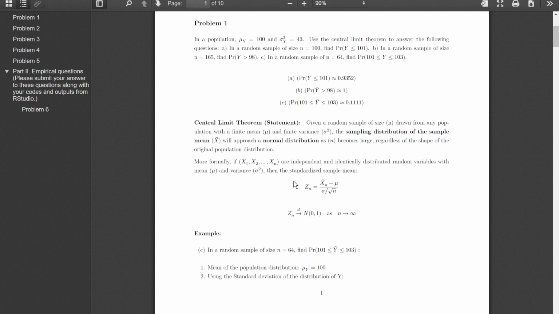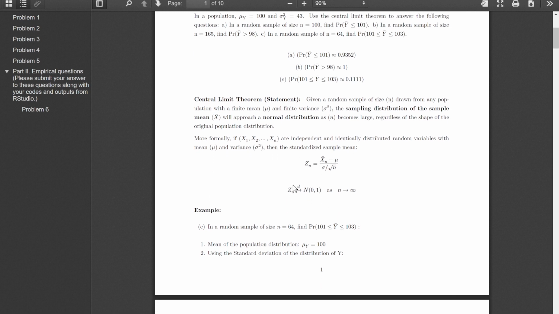You don't have to care about the shape of the original population distribution. The important thing is that X1 to Xn are IID, independent and identically distributed random variables.